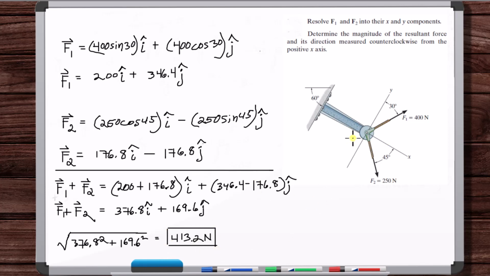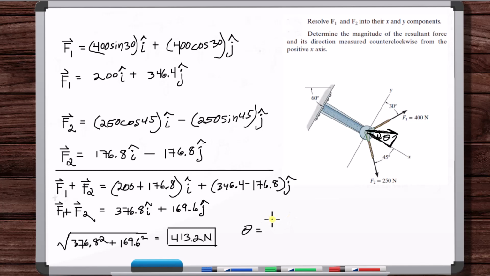Now, the resultant force has a component in the i hat and then a component in the j hat. I don't know where exactly it's oriented, but it's somewhere in this quadrant. So to get this theta, we can just put the magnitude of this divided by the magnitude of this, opposite over adjacent.